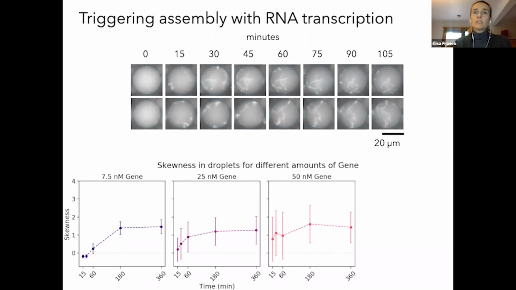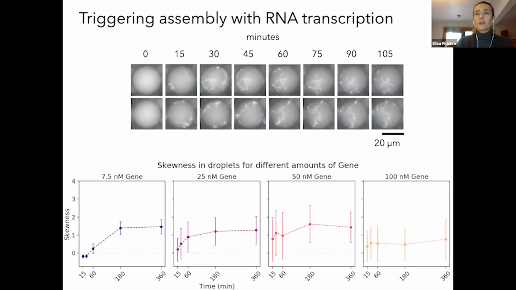And as you increase the gene concentration even further, it basically goes immediately to a plateau, but also this curve looks like it shifts down. And that is probably because of what I was mentioning before. Too much RNA causes the formation of aggregates. And that means maybe not all tiles are getting incorporated into the assemblies because they're very irregular and full of defects. But we have not fully characterized this phenomenon yet.